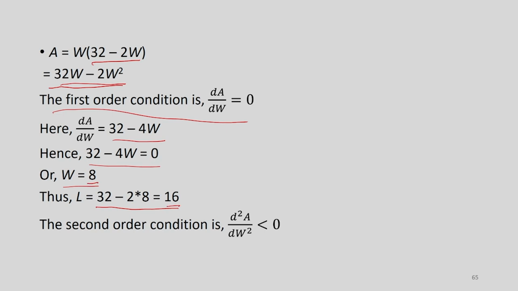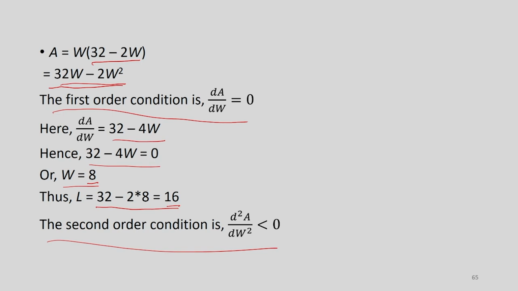However, this is just the stationary point, right? We have not checked the second order condition. That is important because if we do not do so, it might happen that the solution we have got could give us the minimum point, or it can give me an inflection point.